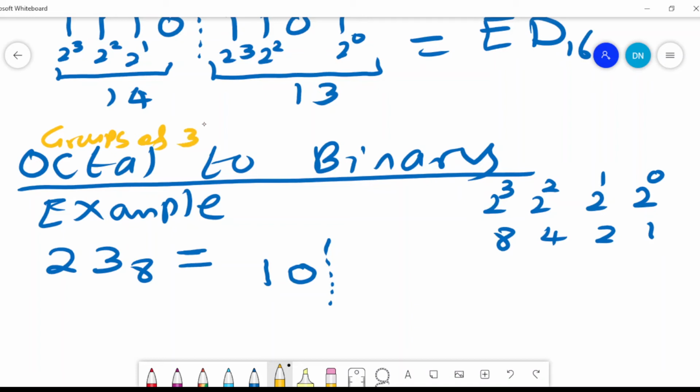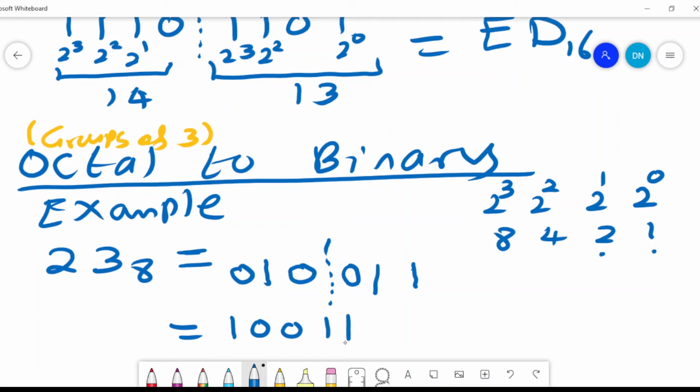That's what we said about the octal. It must be in groups of 3 for us to work with. So for the number 2, I switch on this second one here and I switch off this, and then I put a 0 here because they must be in groups of 3. Now 3 is represented by 1 and 2. So this one will be on, this one will be on, and this one will be off, because 1 plus 2 gives me 3. Therefore, for the binary equivalent, I don't need the 0 on the left hand side, so I'll just say it's 10011. And that is the binary equivalent of the octal number 23.